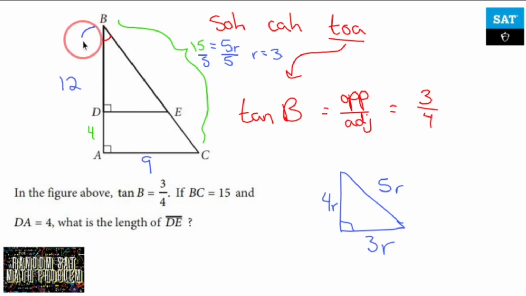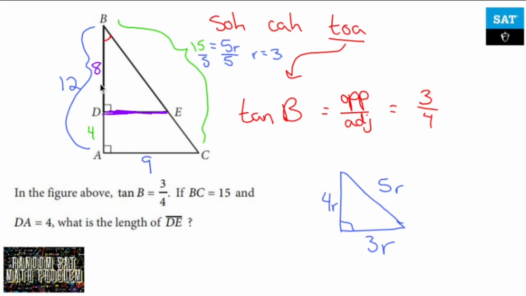Okay, now this whole thing is 12. My end game is to find out what this is. What I know is that this is 4 and this is 12, which would make this 8.